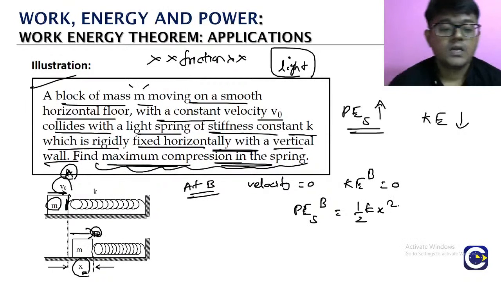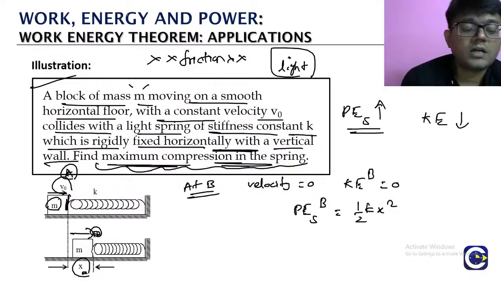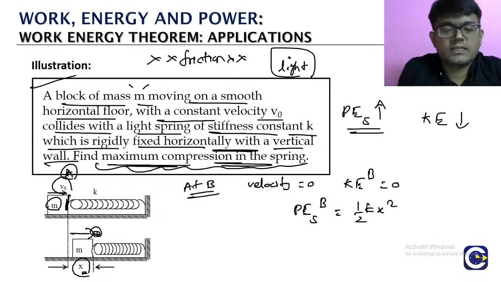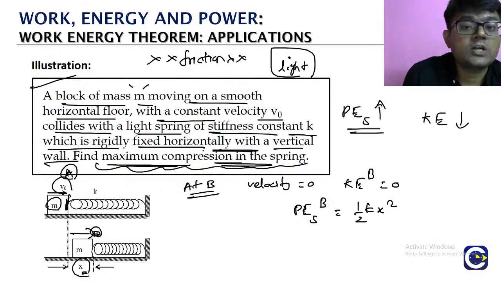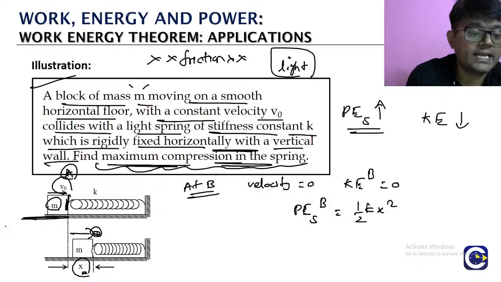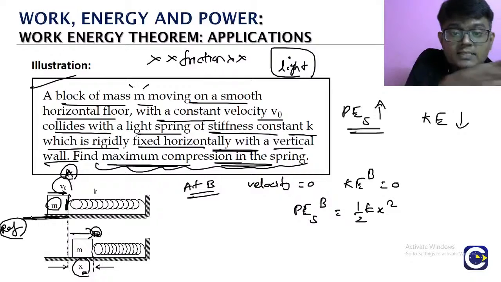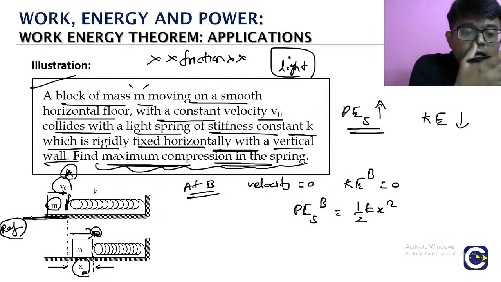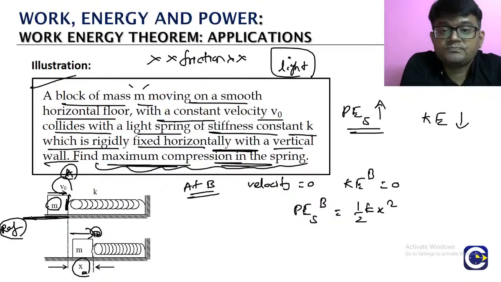Okay, now look at this. The block is moving on the horizontal surface. So when it is moving on the horizontal surface, that is what you will take as the reference. Since it is moving always along the horizontal surface, there will be no change in terms of the gravitational potential energy. That is always 0, because point A is on that same horizontal level, and point B also is on the same horizontal level.